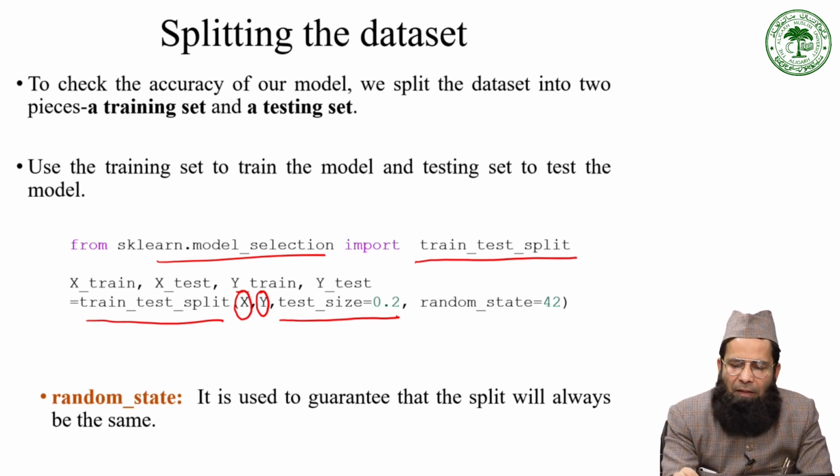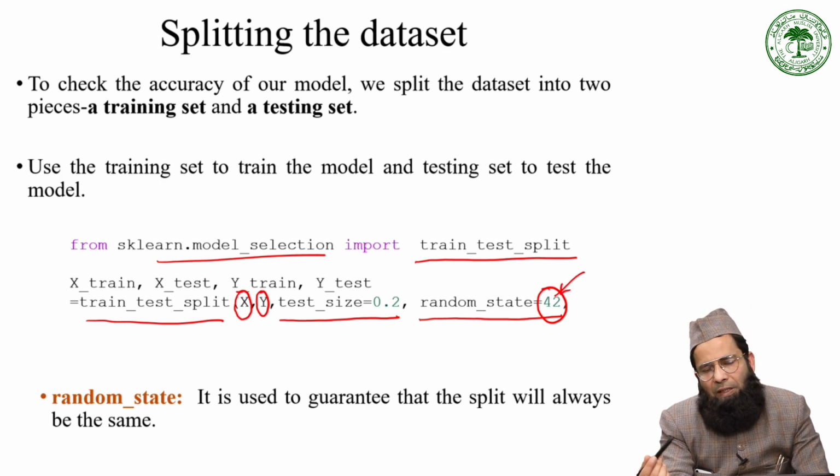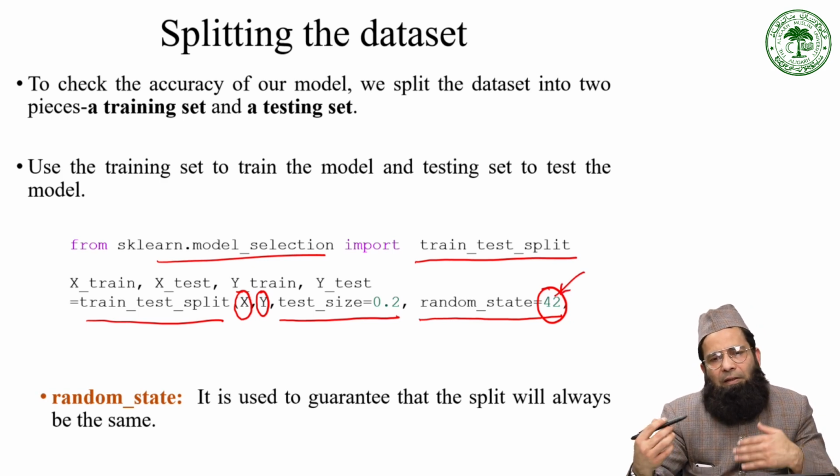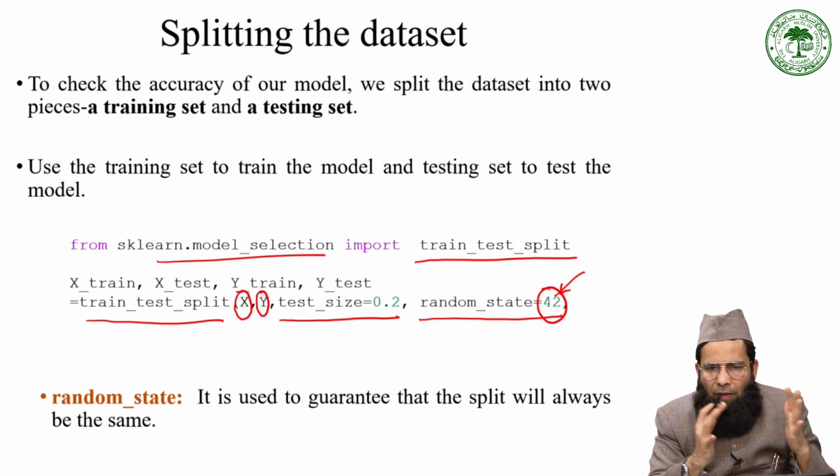Then we have one more parameter, random state equal to 42. You could use any value here. It is used to guarantee that the split will always be the same. It means we are passing this seed value into the random generation algorithm, which returns the same set of records.